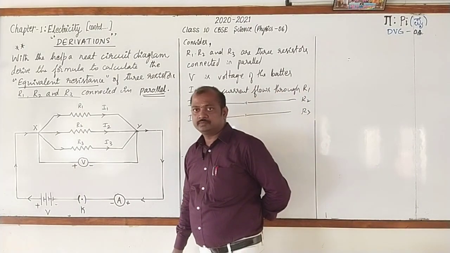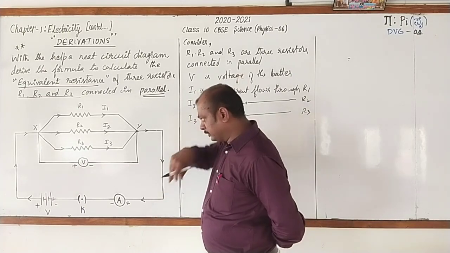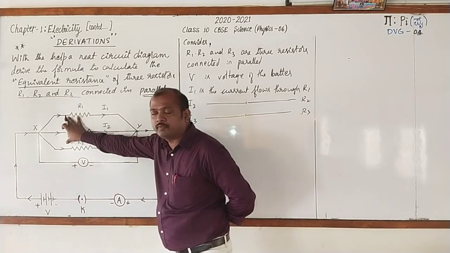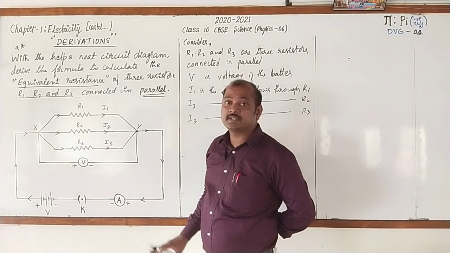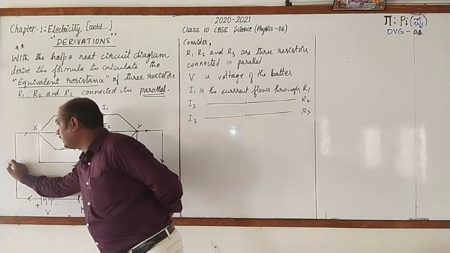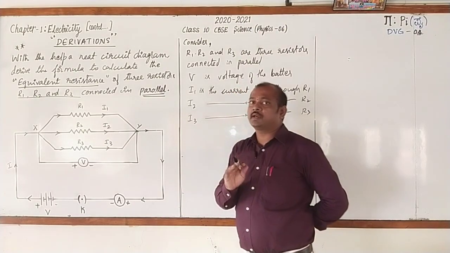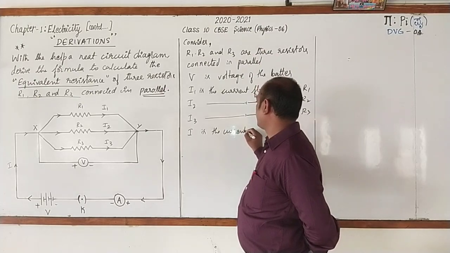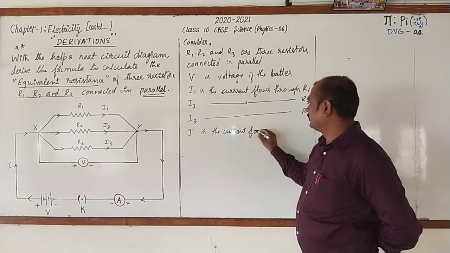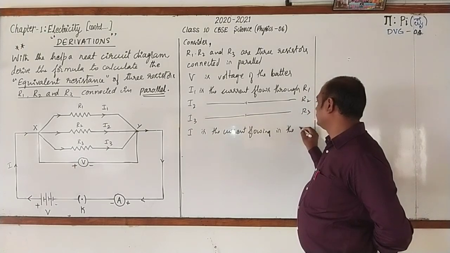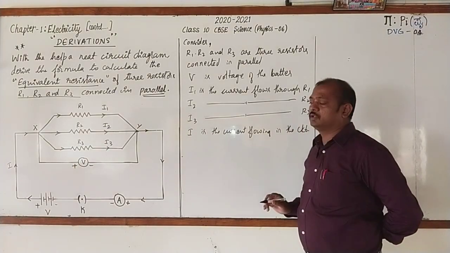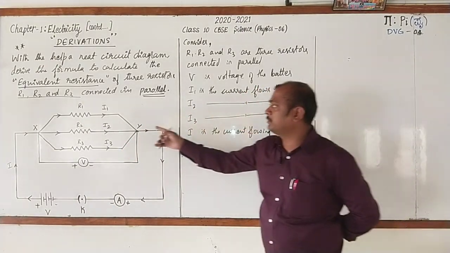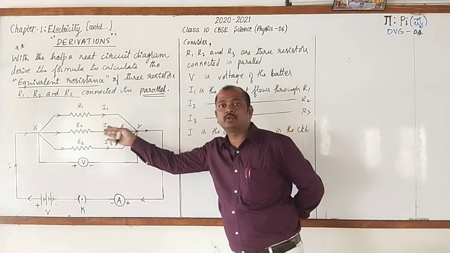And we all know that the total amount of current flowing in the entire circuit is equal to the sum of current flowing through each resistor. Right? I go for taking I. What is I? I is the current constituted in the circuit, flowing in the circuit. Then we can write the current I flowing in the circuit is equal to the sum of the current flowing through R1, R2 and R3.